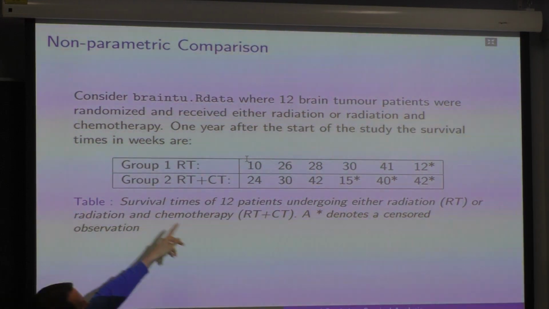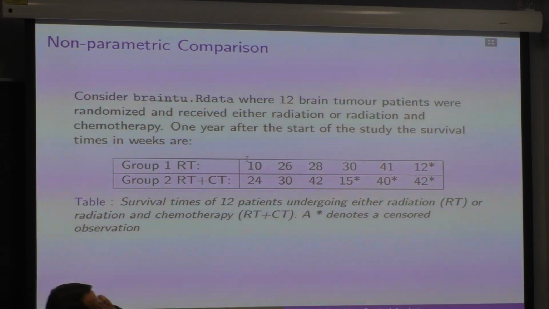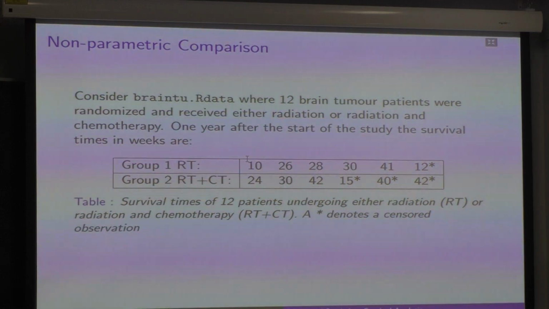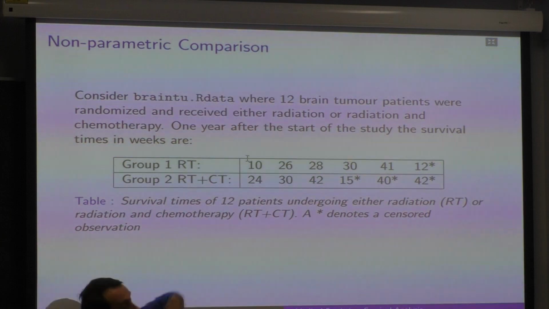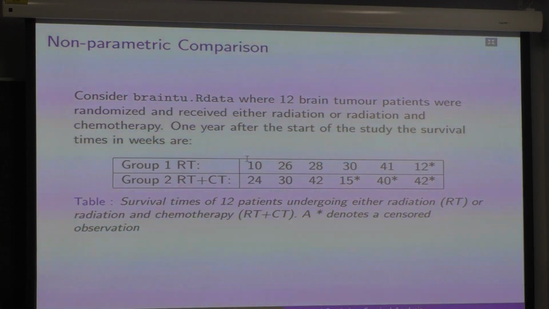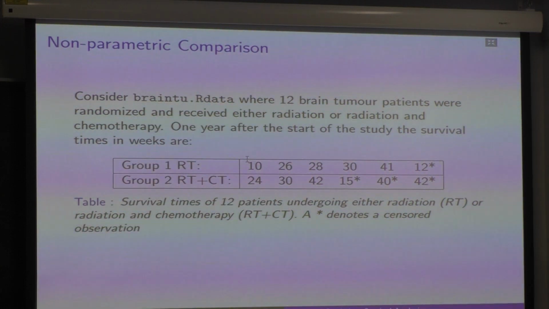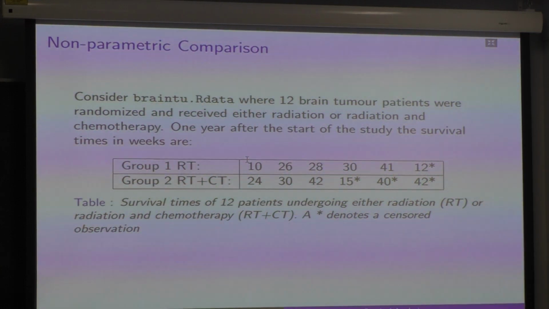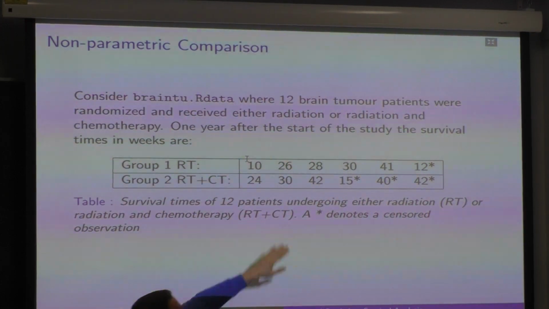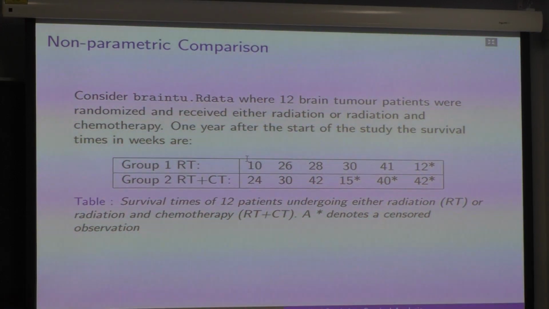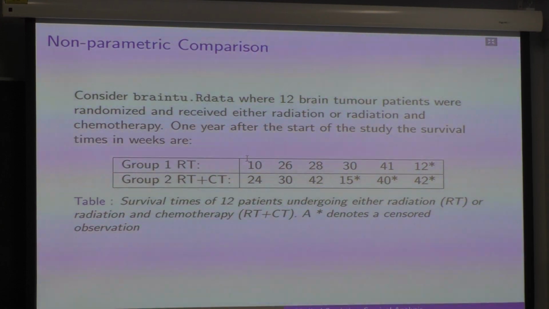Group 1 have just received radiation therapy for their brain tumour, and group 2 have received radiation therapy and chemotherapy. And then I've observed people for a year after the start of my study, and I've noted down either when people died or when I lost contact with them when they were still alive.